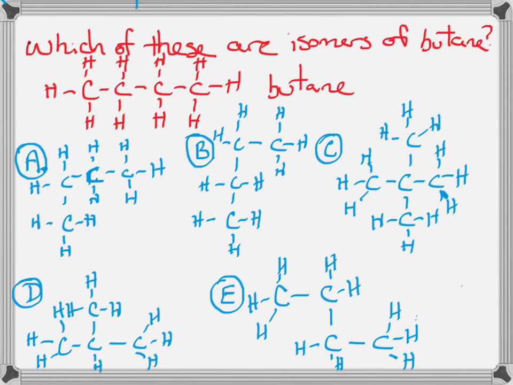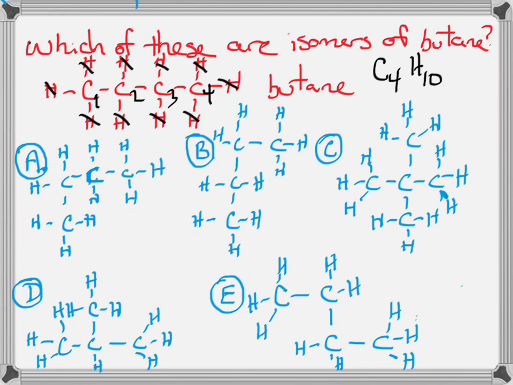If we look at butane here really quickly, we can see that it has 1, 2, 3, 4 carbons, which is expected because but- is the parent for the number 4. So it has 4 carbons. Hydrogens: 1, 2, 3, 4, 5, 6, 7, 8, 9, and 10. So C4H10 is the molecular formula of butane.